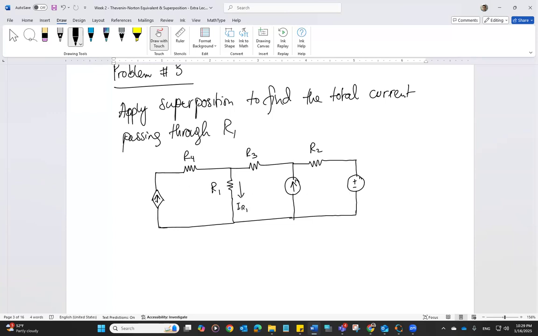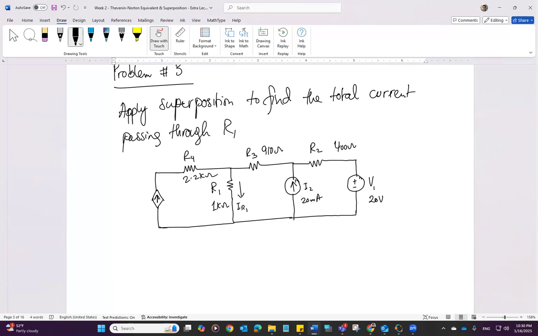Let's call this V1 20 volt, I2 20 milliampere, R2 400 ohms, R3 910 ohms, R1 1 kilo ohm, and R4 2.2 kilo ohm.